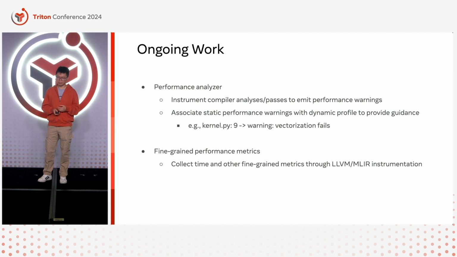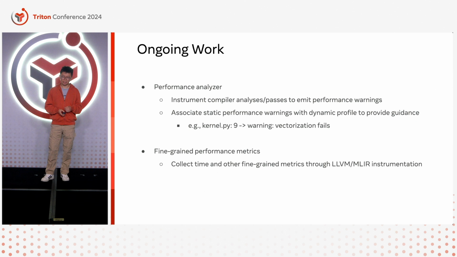I just covered what we have done so far, but I haven't mentioned what our roadmap or plan is. So the first thing we want to develop in the near future is probably a performance analyzer. Currently, what Proton offers is just raw metrics. It can give you quick insights about what's expensive in Triton kernels or individual lines within Triton kernels, but it doesn't directly connect with what you could do as a kernel engineer or compiler engineer.